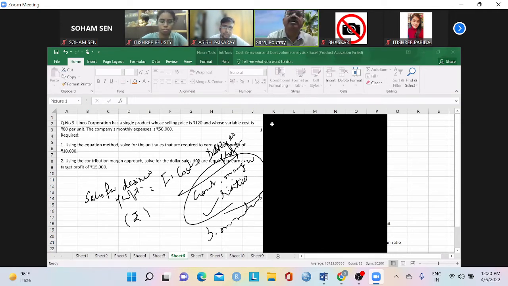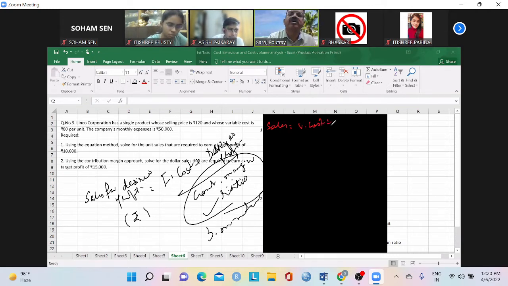Using the equation method, we can put the following equation like this. Sales is equal to cost plus fixed cost plus profit. Sales is how much?